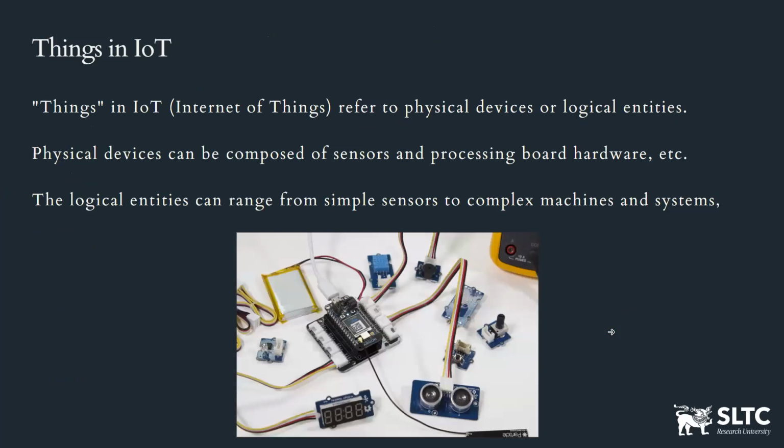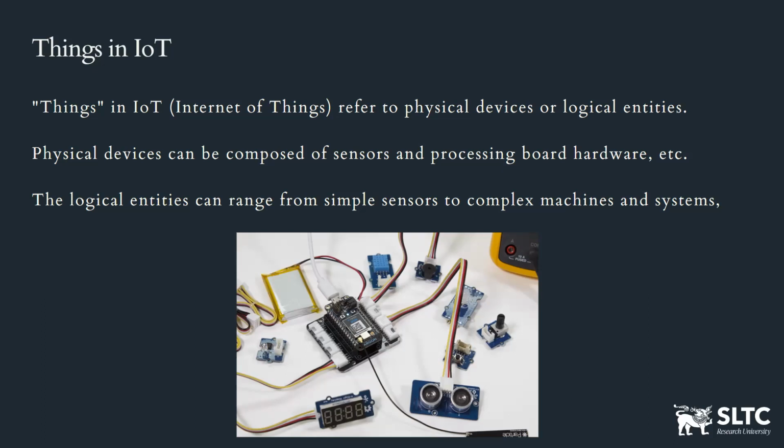So things in IoT. As I said before, things in IoT refer to the physical devices or the logical entity of devices that collect data, process data, and transmit the data to a local server that will collect the data and transfer it to the cloud, right?